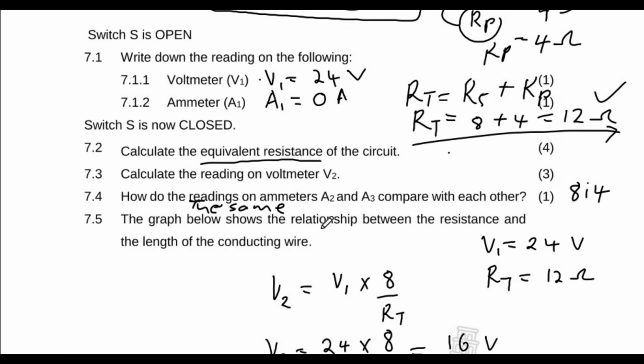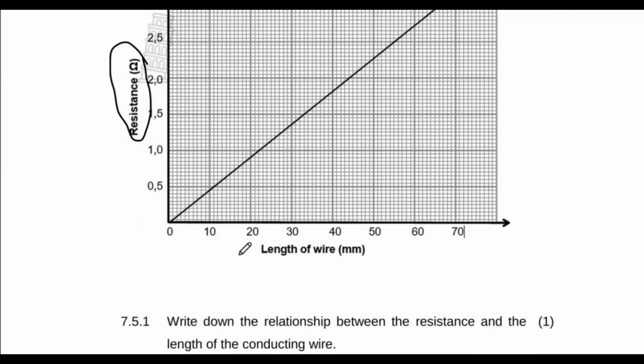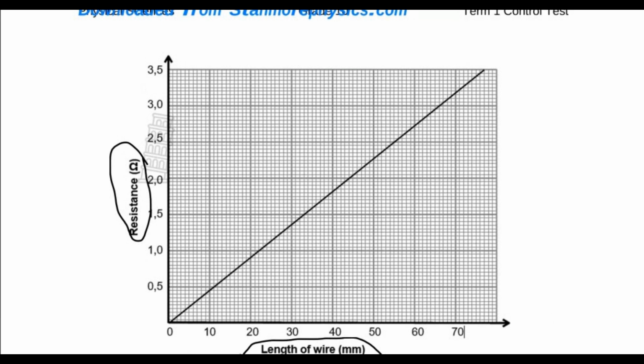The graph below shows the relationship between resistance and the length of a conducting wire. There is a graph. We have the resistance on the y-axis, and the length of wire in millimeters on the x-axis. So this is the independent variable.